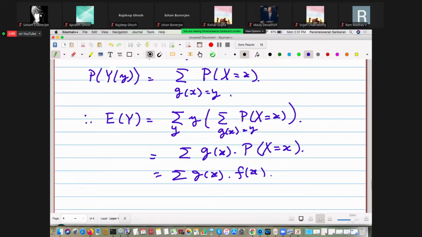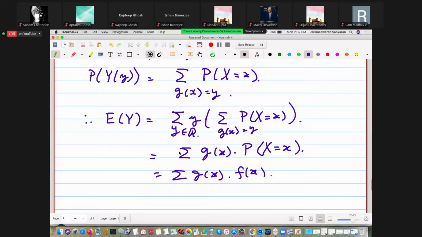Just think about it. This is immediate from this step to this step. The important point is you are allowing y to vary over all possible things, but first you group it so that y takes a value.